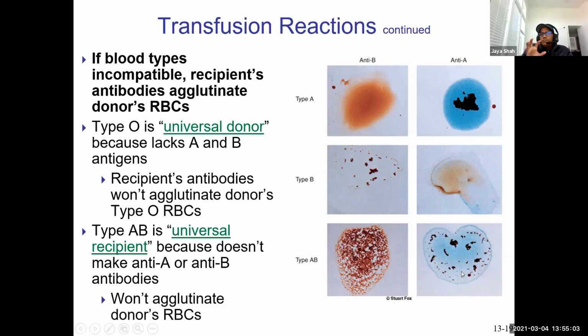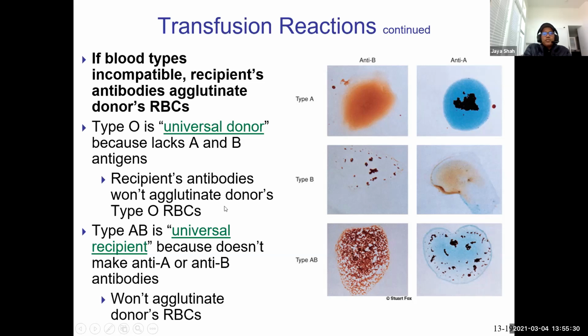So you have to go over this. First, you have to understand antigens and antibodies. Antigens are found on the surface of red blood cells, whereas antibodies are found in the plasma. Okay. Type O is the universal donor because it lacks A and B antigens.